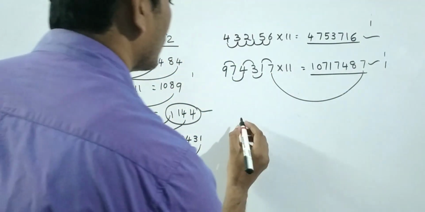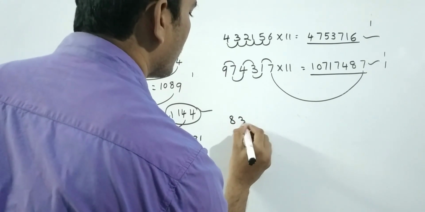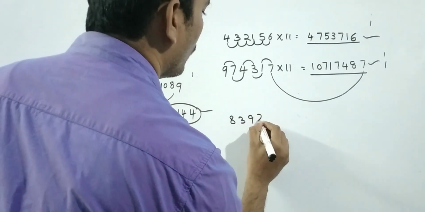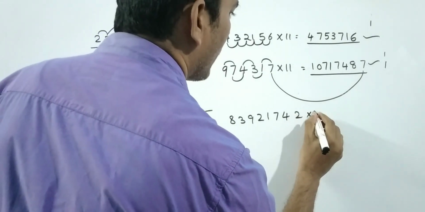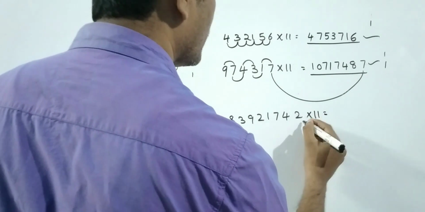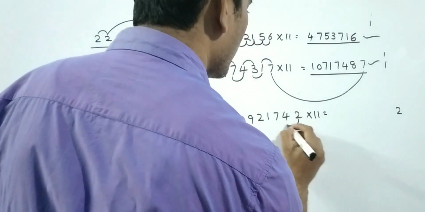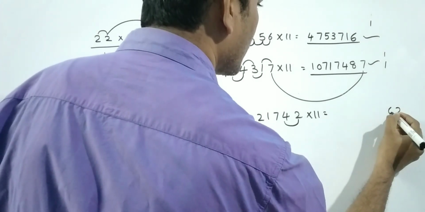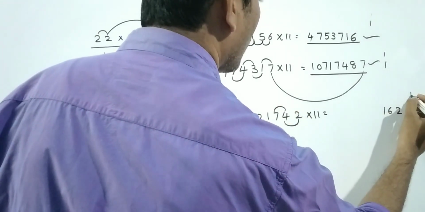I will tell you another one. Whatever number you take, 8, 3, 9, 2, 1, 7, 4, 2 into 11. See friends, first digit as it is we will write. 2 is 2. Next go for addition. 4 plus 2, 6. 7 plus 4, 11.